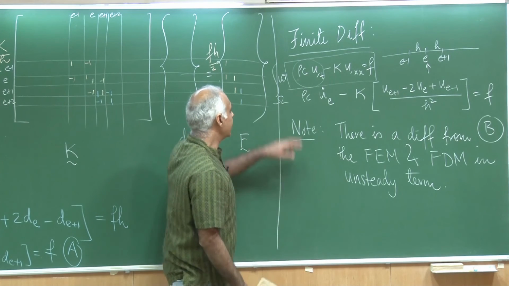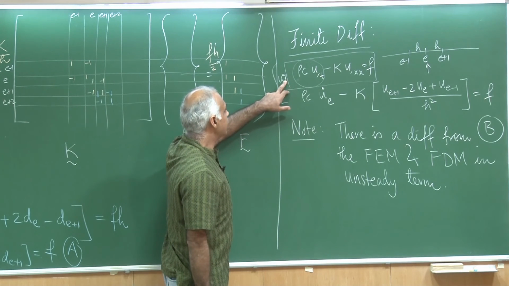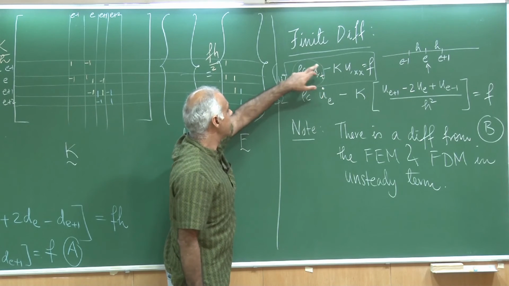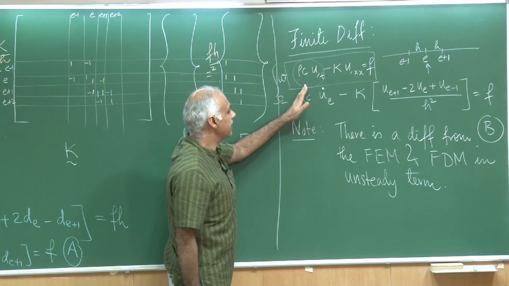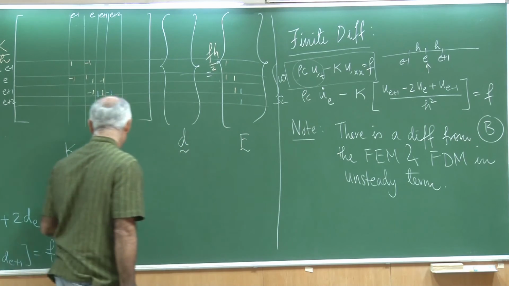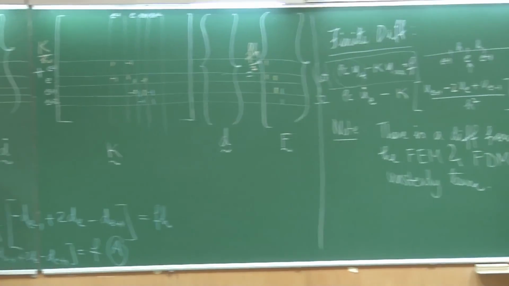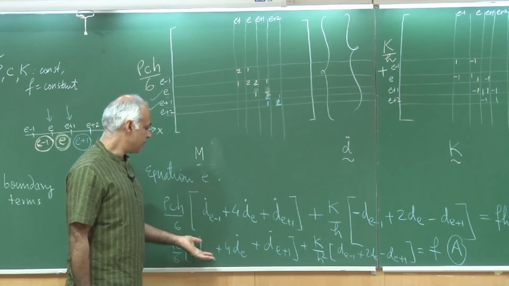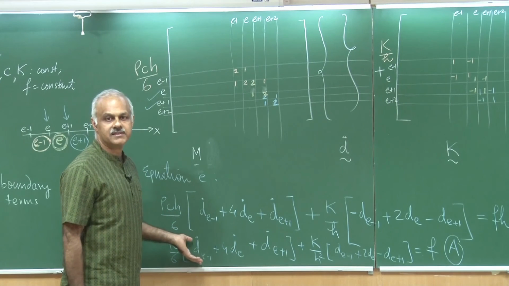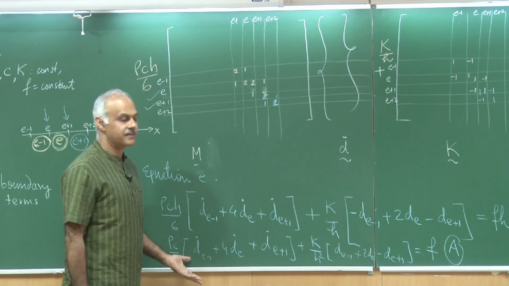So, what that has done is it has actually taken an integral of this unsteady term over the entire domain, and that is why in the finite element method you get a spread of the unsteady term over the neighboring elements. Okay, so, there is a big difference.